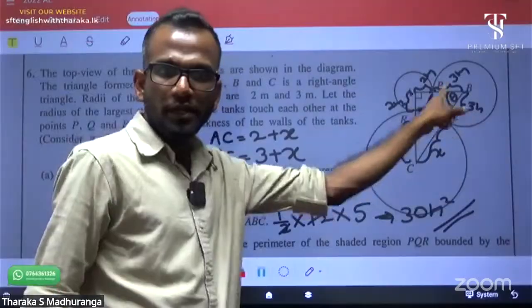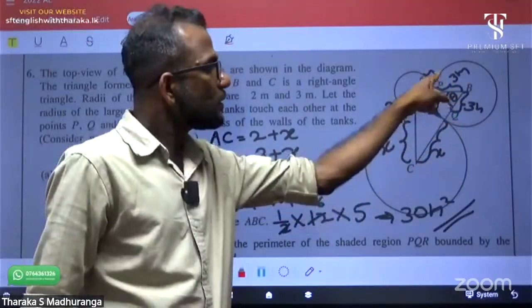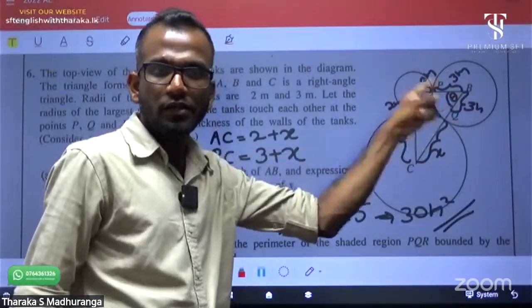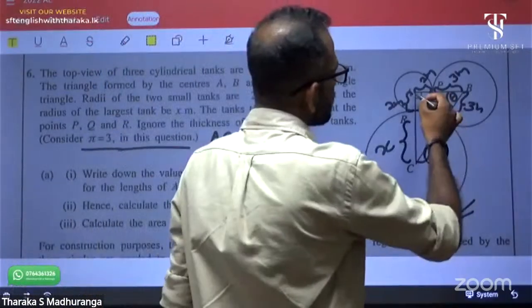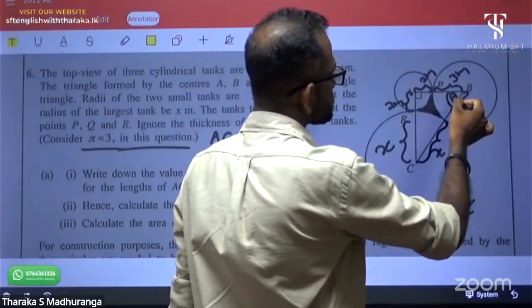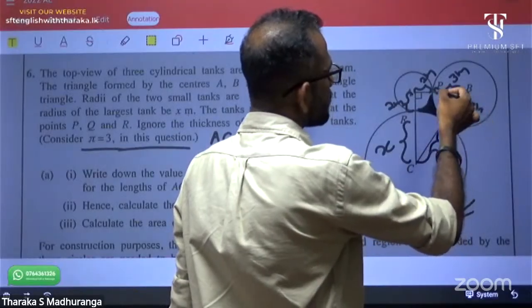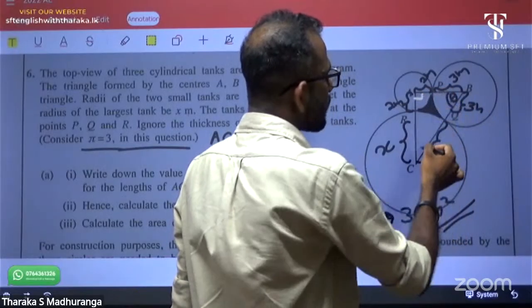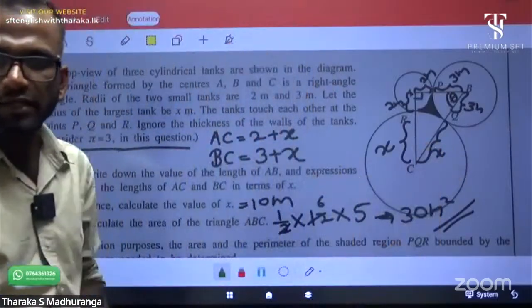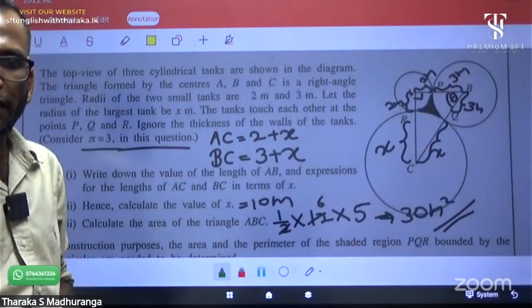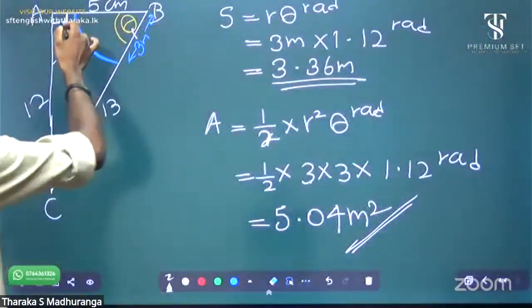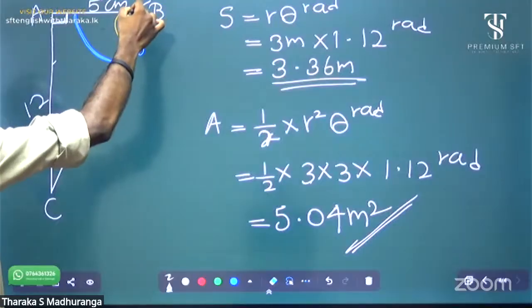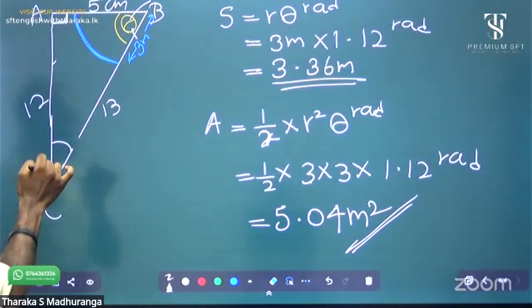One section is completed: the arc length of PQ. Then you have to calculate: if it is 67 and this is 90, then what is this remaining angle?